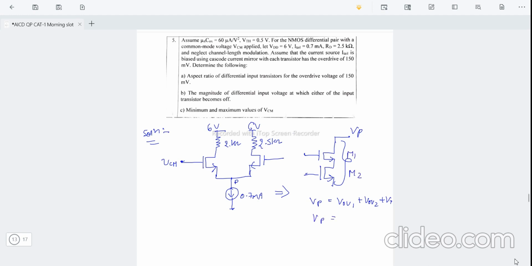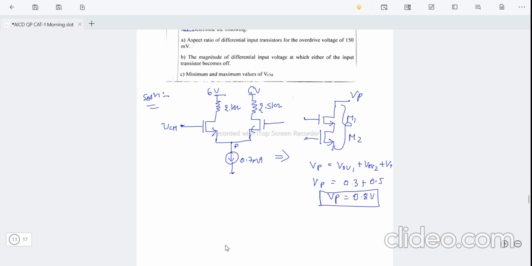In the question they have mentioned the overdrive voltage as 150 millivolts. So 150 millivolts plus 150, it would be 0.3, and threshold voltage as 0.5. So VP would be 0.8 volts. This is the minimum voltage needed in order to act as a current source.